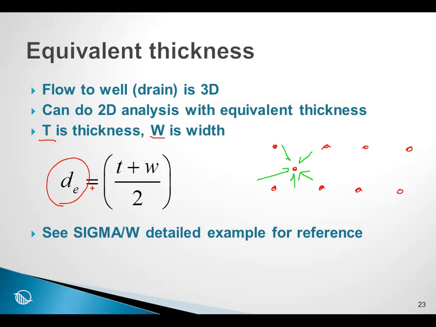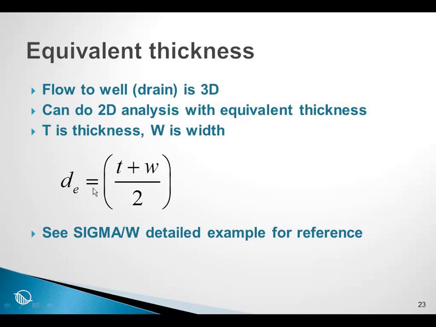In this document there are several references, and I refer you to those if you want more details on how the decision was arrived at that we can use an equivalent thickness in a two-dimensional analysis. We do not have time here to go into the details. We just want to illustrate here the use of interface elements with an equivalent thickness.